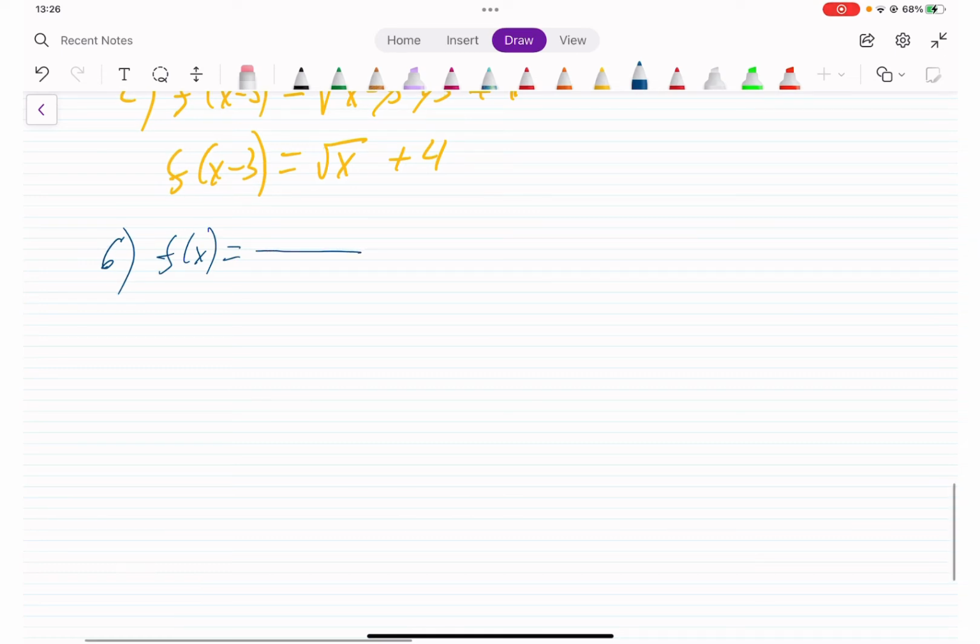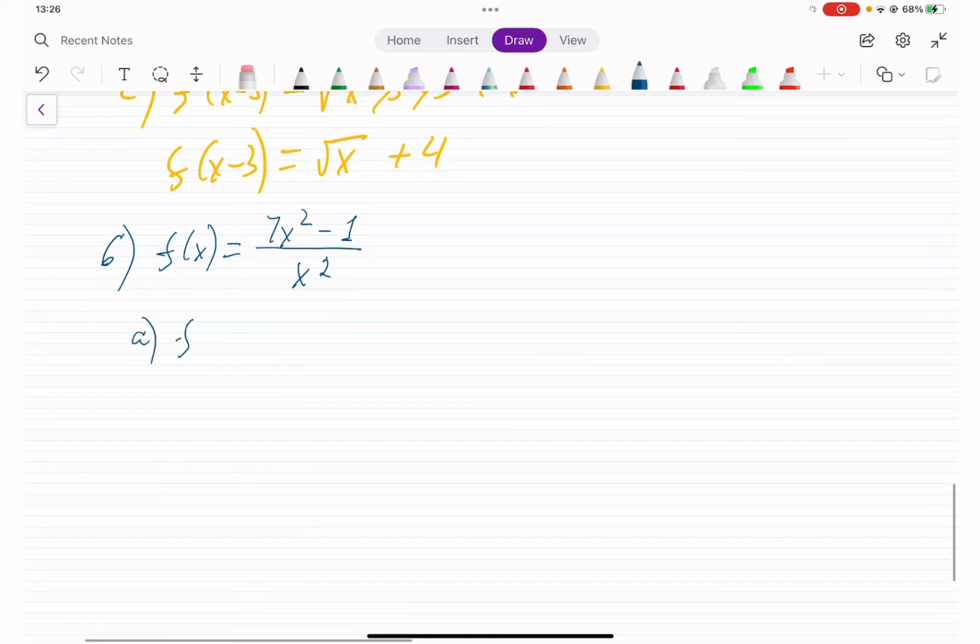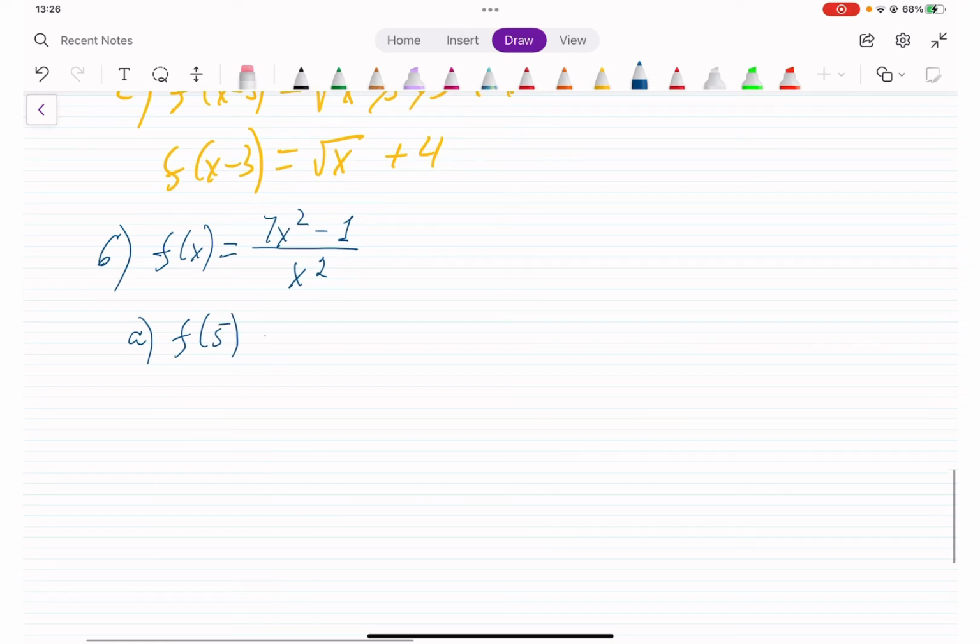is equal to 7x squared minus 1 divided by x squared. And we need to find f of 5. Let's do first thing, f of 5, which is going to be equal to 7 times 5 squared minus 1 divided by 5 squared. First we are squaring and then multiplication.